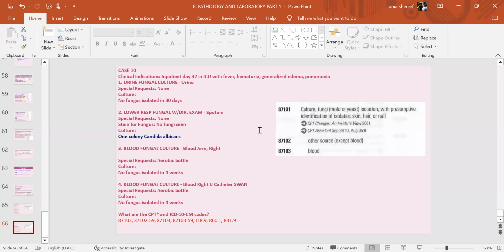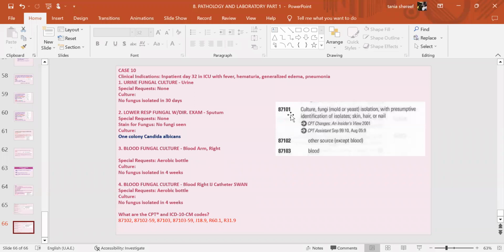So for the first culture, that is a urine fungal culture, the code is: if we check 87101, it is culture fungi, mold or yeast, isolation with presumptive identification of isolate, skin, hair or nail. If the culture is from skin, hair or nail, we can use 87101.